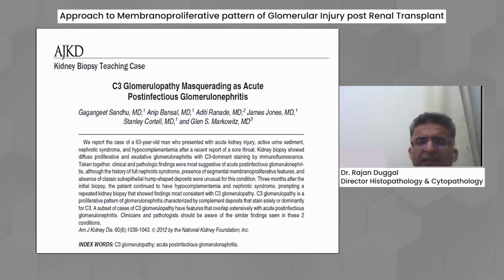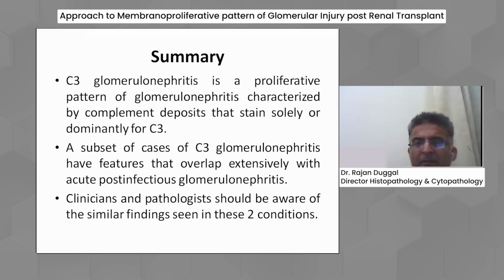And we know that C3 glomerulopathy masquerading as acute post-infectious glomerulonephritis is not an uncommon thing. So always remember, it all depends on what stage you are biopsying this patient. If the biopsy is done early during the course of the disease, you may interpret that as an infection-related GN.